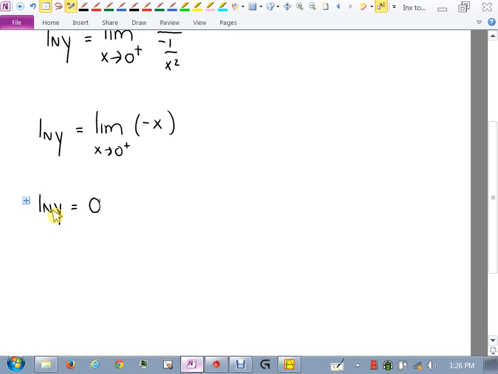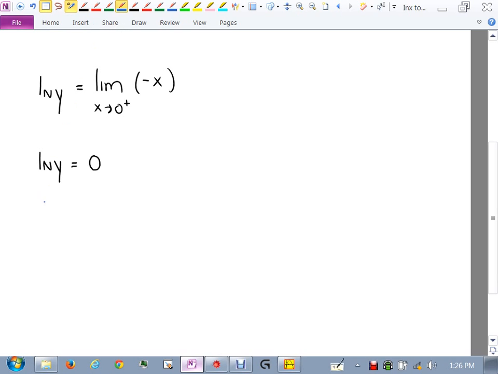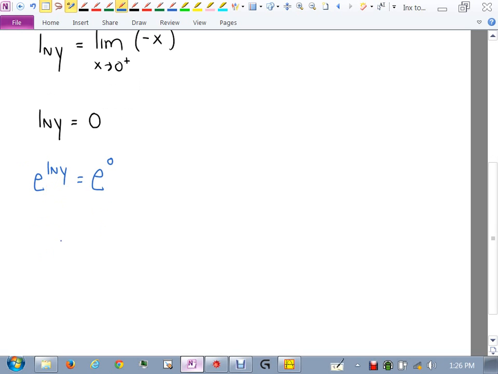If I came in with natural log on both sides and I want to undo that now, I have to come in with e on both sides, which is the inverse of the natural log. So I'm going to apply the exponential function to both sides of the equation. E to the natural log of y is just y, and e to the 0 is 1.